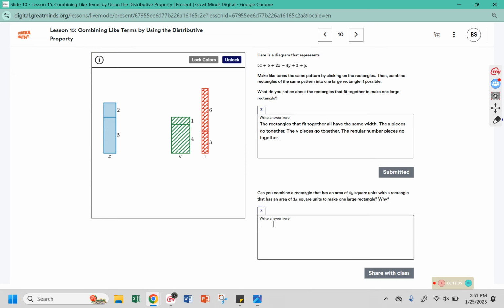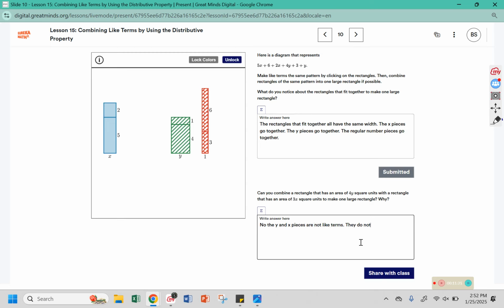And it says, can you combine the rectangle that has 4 y units with the rectangle that has 3 x units to make one large rectangle? No. The y and x pieces are not like terms.